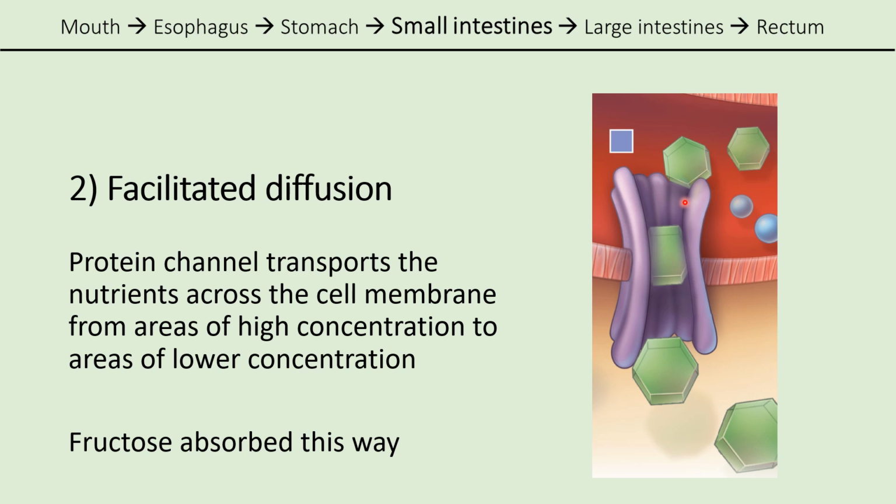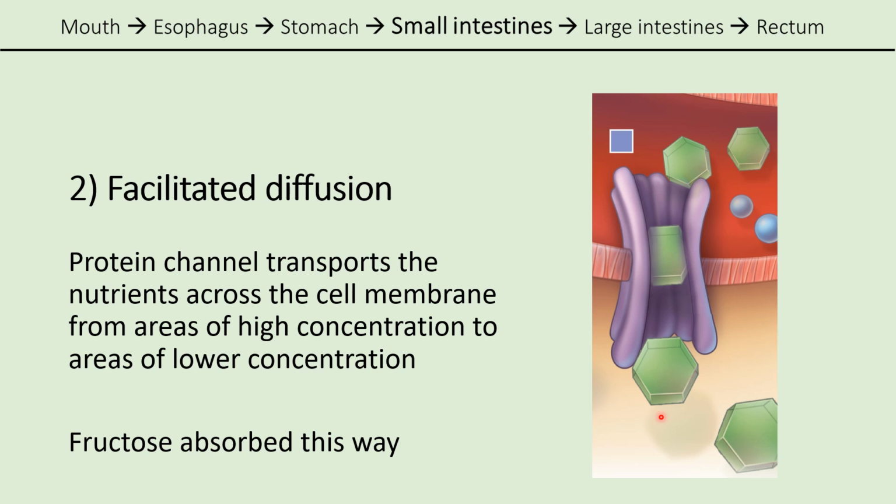So there are these protein channels in cell membranes that allow nutrients to pass through them. You can imagine this is like a little canal, and there's a canoe, and it's going from here to here.